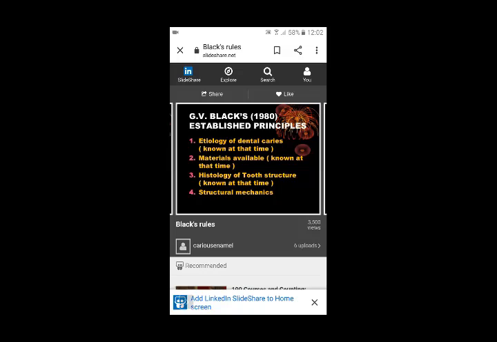He designed the principles of the cavities on the basis of the histology of the tooth structure which was known at that time. And also he applied some physics principles. Normally we call it structural mechanics.